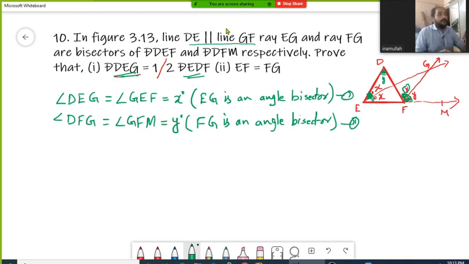Now after that, I'll take ED parallel with FG, which is already given. ED parallel with FG, and we can consider DF as a transversal.